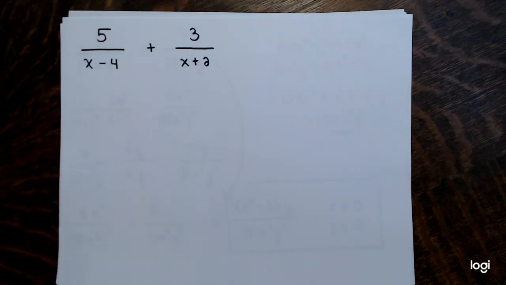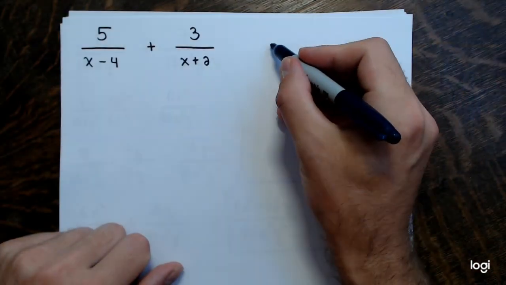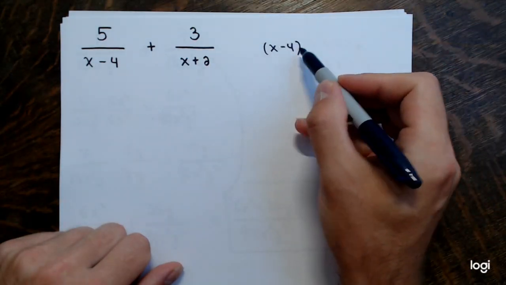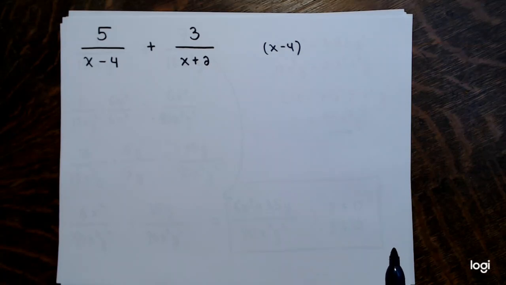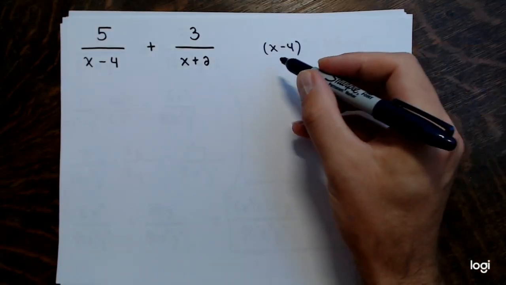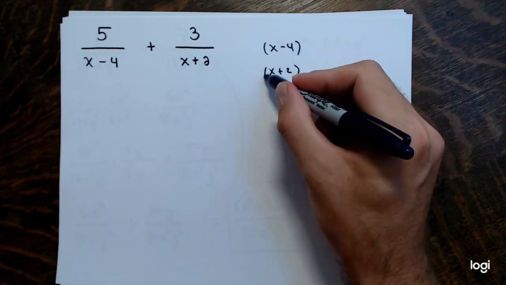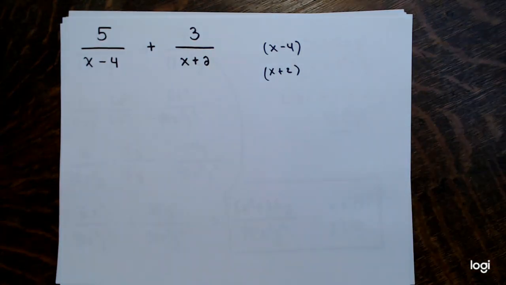All right. So again, finding the LCD. Now x minus 4, that's as factored as that gets. And same thing for x plus 2. This cannot factor any further, so all of that is the only factor of that denominator.